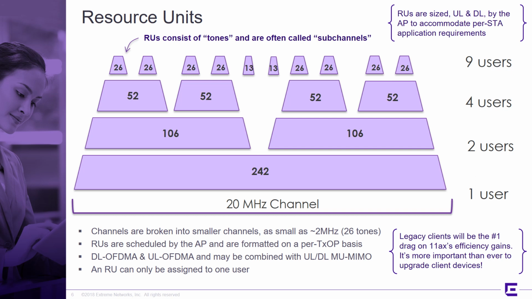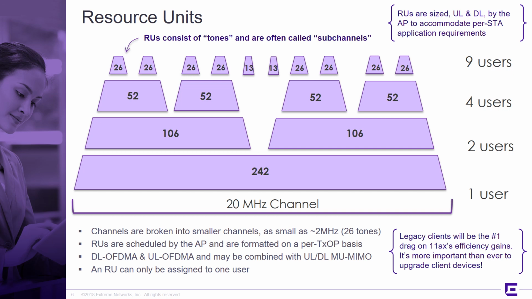So the access point is going to size and allocate the resource units to clients depending on the client specs, the SNR, as well as the application that is flowing either to or from those clients. Access points will query the buffers of the clients to see what type of traffic and how much of that traffic is queued for uplink transmission, and will assign, of course, the resource units accordingly.